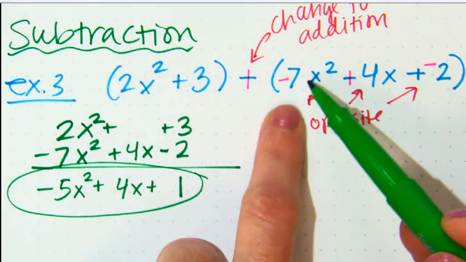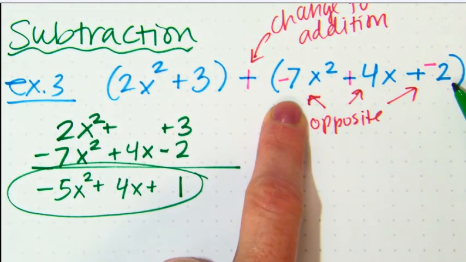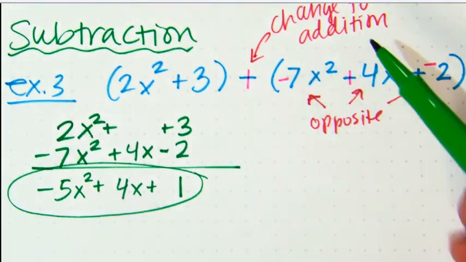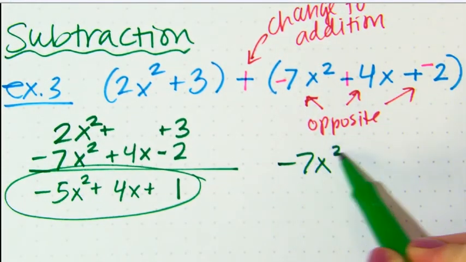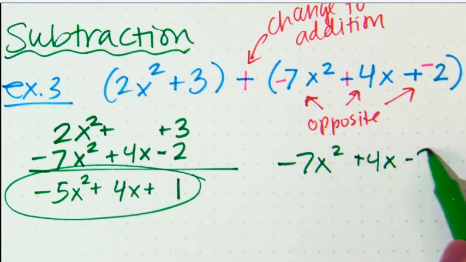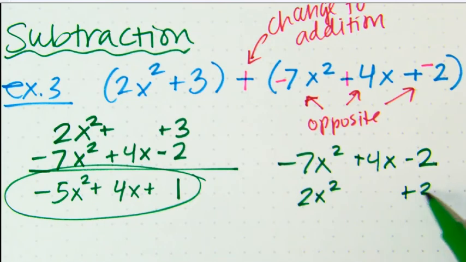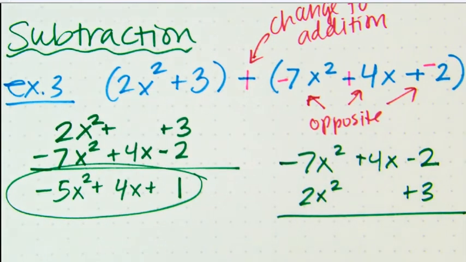So I could take the expression that has more terms and make that my top, and then put this as the bottom, right? So I could have written it as -7x squared plus 4x minus 2, and then put my 2x squared plus 3 underneath. And I would still get the same answer, right? Okay, or if you do it horizontal, you're good.